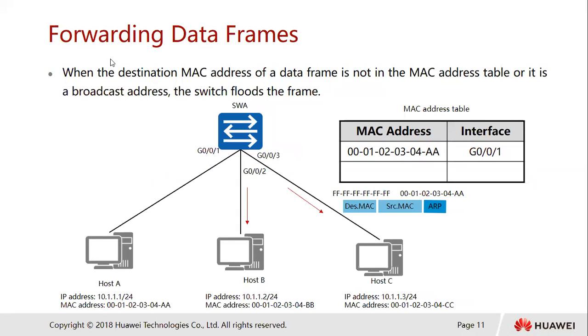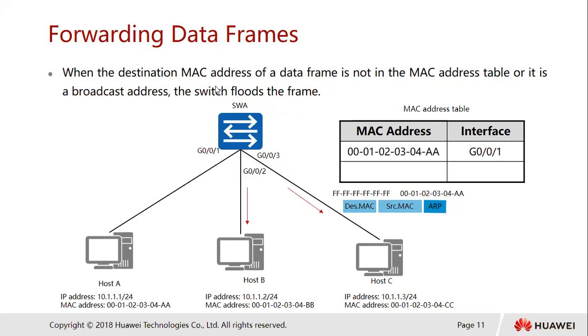Forwarding data frames. When the destination MAC address of a data frame is not in the MAC address table, or it is a broadcast address, the switch floods the frame. So you can see we have two ways in which the switch can flood the frame.